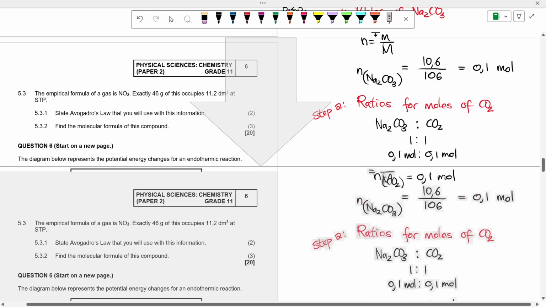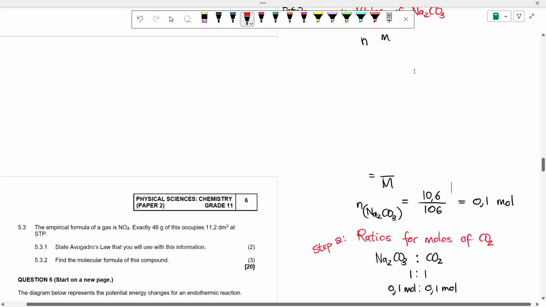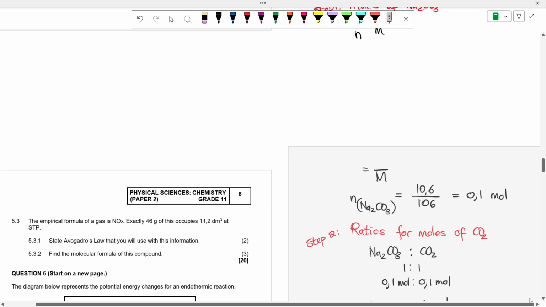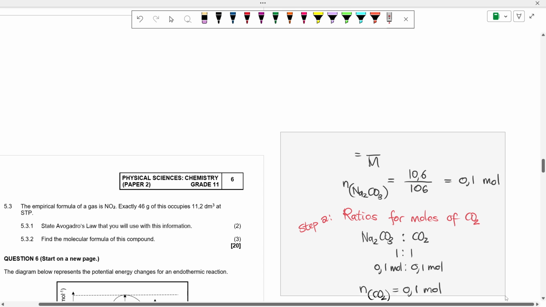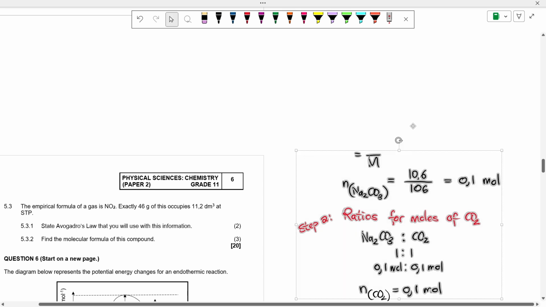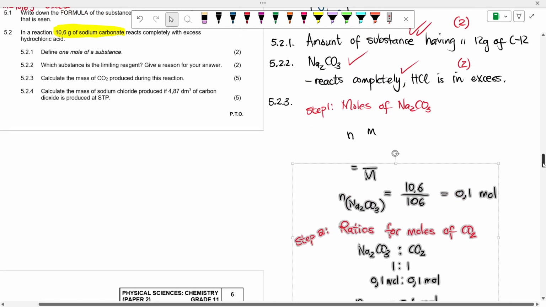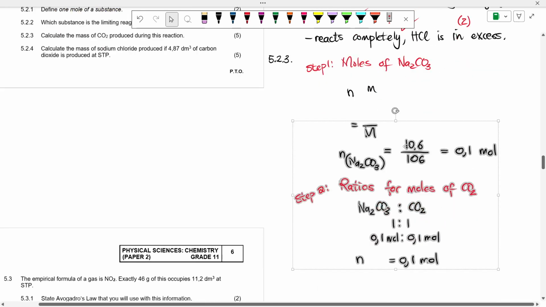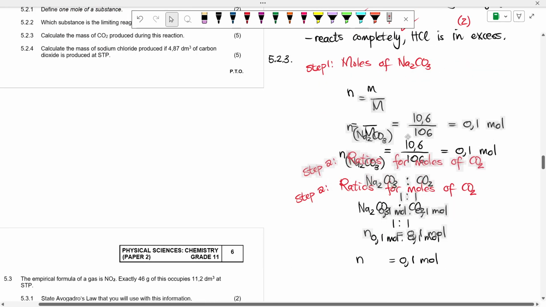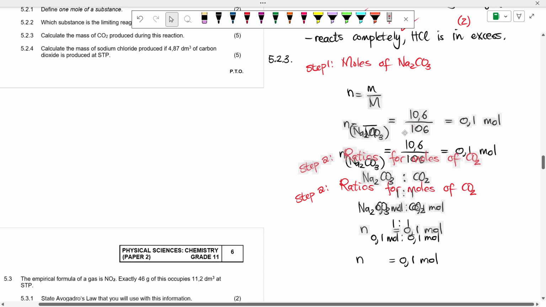Okay, let me move this down a little bit. Okay, so we found the moles. Now we need to find the mass.